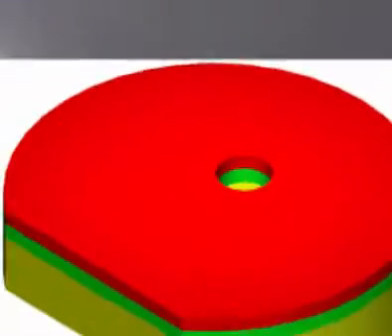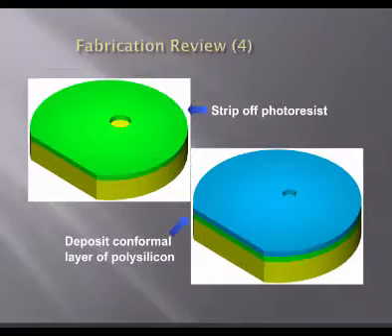Okay? So that's pretty cool. So now we got a hole in our oxide. We take the photoresist off, still have a hole in the oxide. Now we put our structural layer on top of that, which in this case is polysilicon. And we call it poly for short.